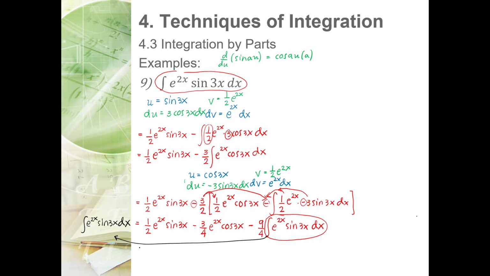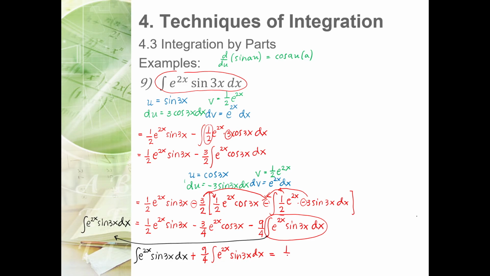Having that, we have e raised to the power of 2x sine 3x dx. Transposing negative 9 over 4 to the left side, instead of minus, this becomes plus 9 over 4, the integral of e raised to the power of 2x sine 3x dx.